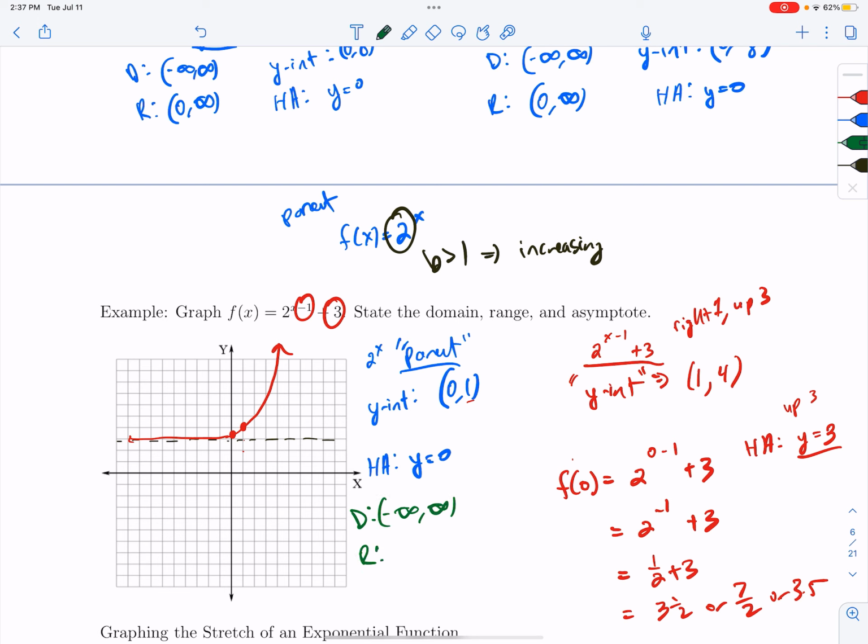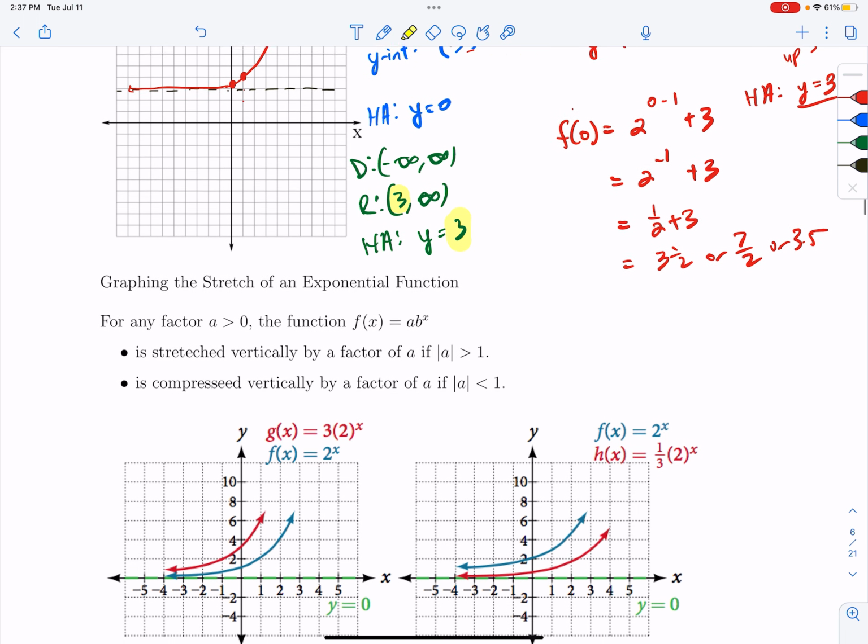The range is from 0, nope, not 0. The smallest y value we hit is 3, to infinity. And then the horizontal asymptote is y equals 3. One thing to mention is that one of the endpoints of the interval for the range always corresponds to the horizontal asymptote.